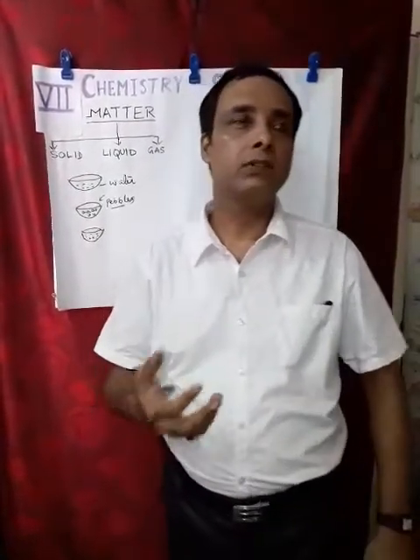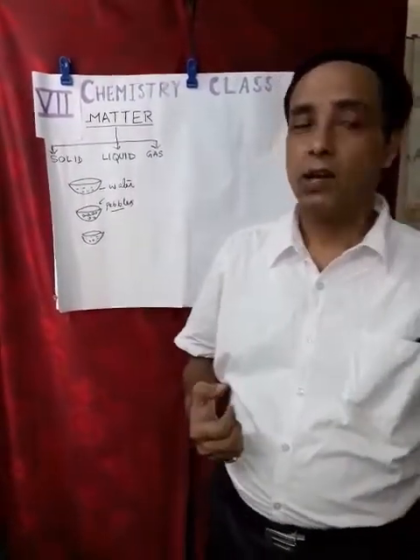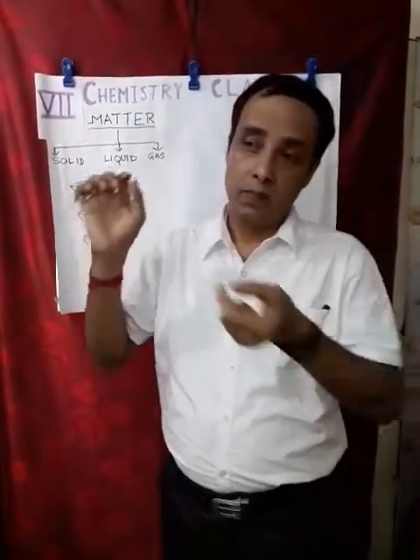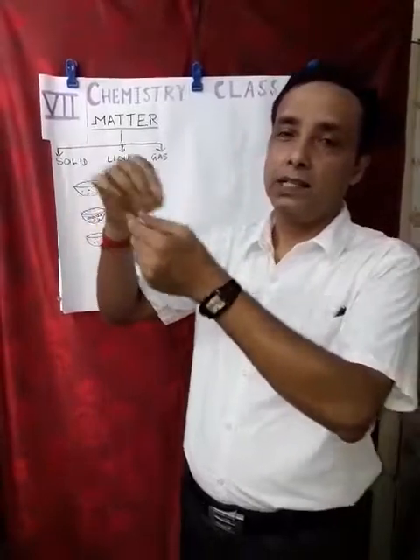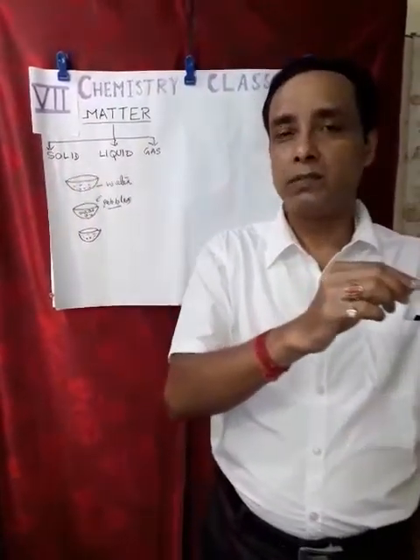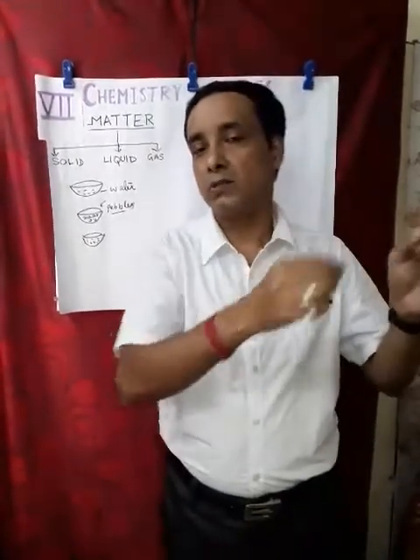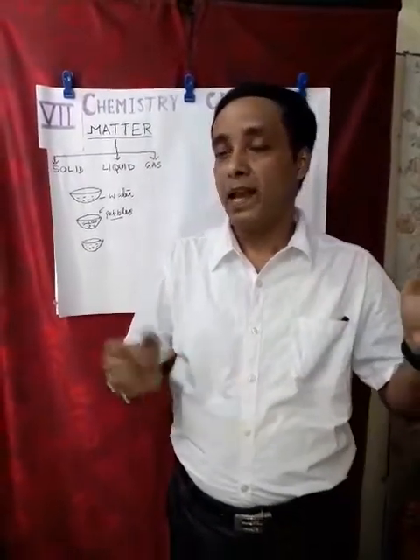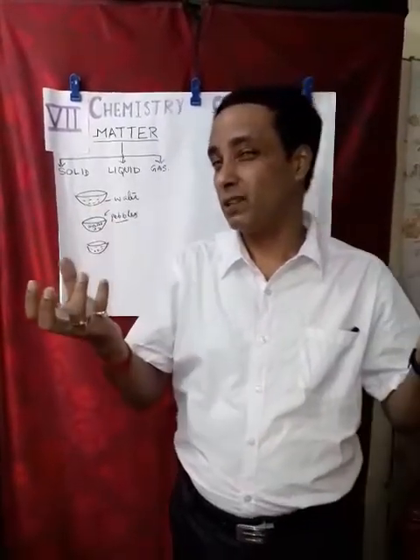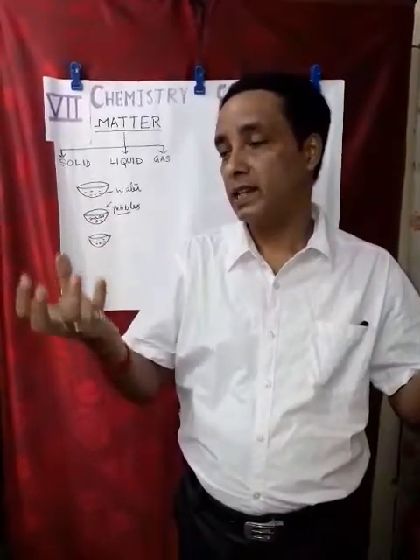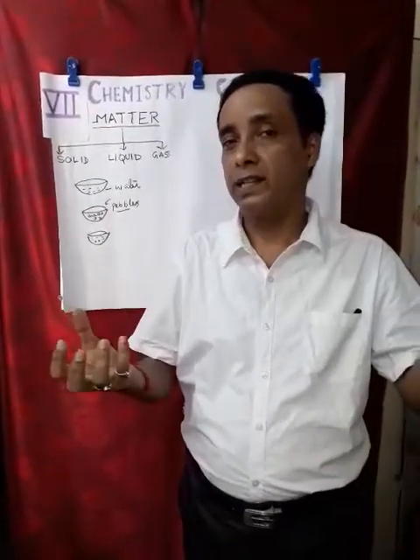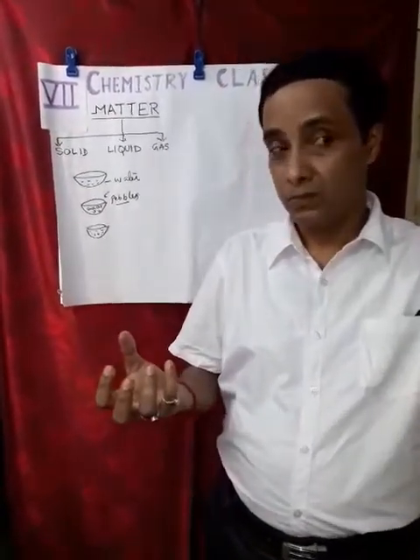Similarly, you can take one inflated balloon and one uninflated balloon. You tie the inflated balloon to one side of the beam balance, and the uninflated balloon to the other side. You will find the inflated balloon, that means with air inside it, has more weight than the uninflated balloon.